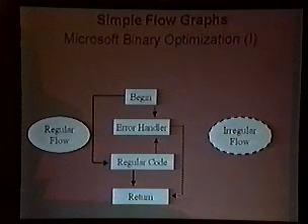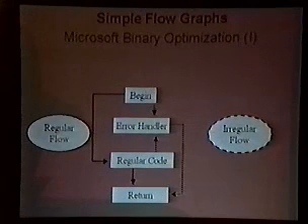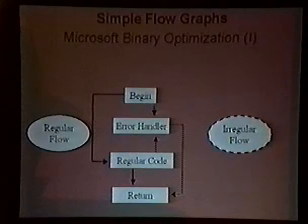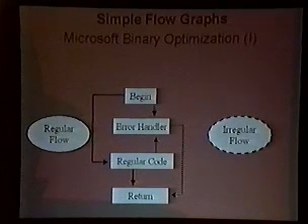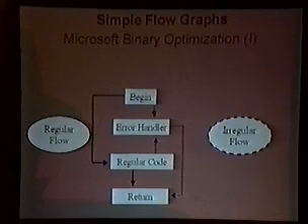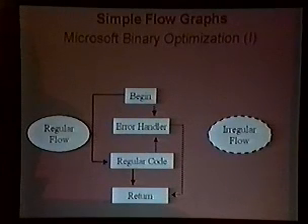Like in this case, we have begin up at the very top, then some error handler, which is usually not executed but skipped. Then you have the regular code of the function and then the return. Now, you see in those dashed arrows that normally these branches don't get taken. Like in normal operation, only the regular path will execute. So Microsoft starts executing the program and testing it, and records which are the regular code paths.